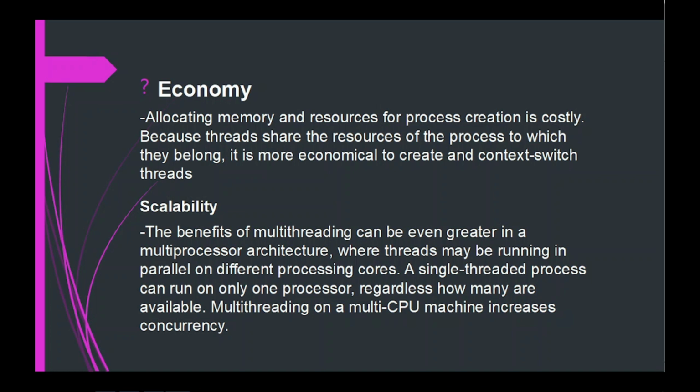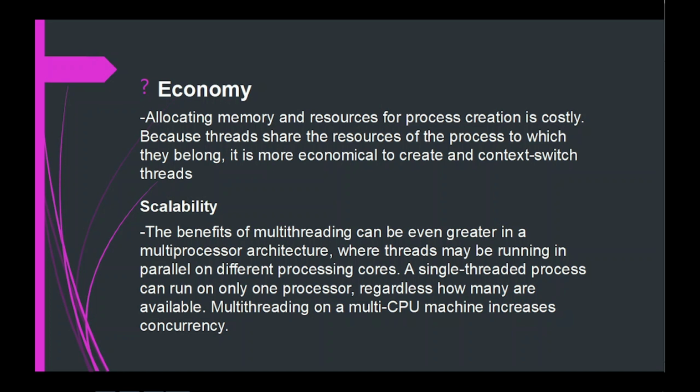Scalability. The benefits of multi-threading can be even greater in a multi-processor architecture, where threads may be running in parallel on different processing cores. A single-threaded process can run on only one processor, regardless of how many are available.